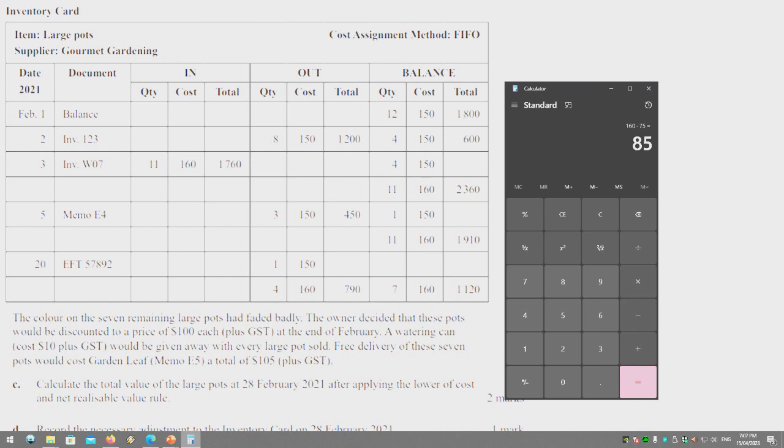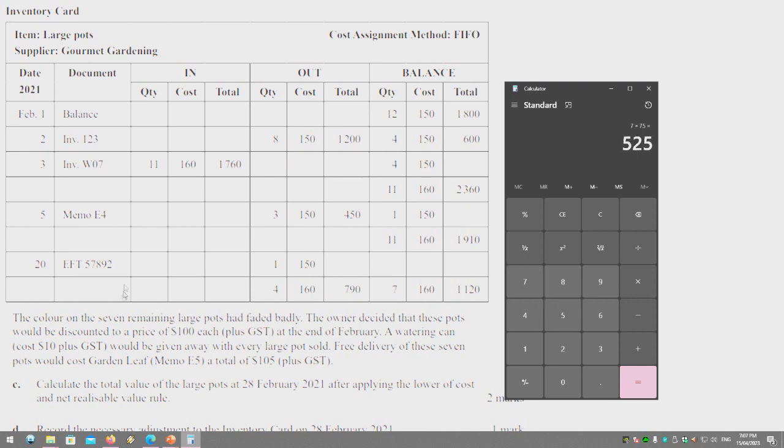So we're reducing, so it's 7 times 85 equals 595. So in the out column you should have 7 at 85 for a total of 595, and in the balance should be now 7 at 75, and 7 times 75 is 525.